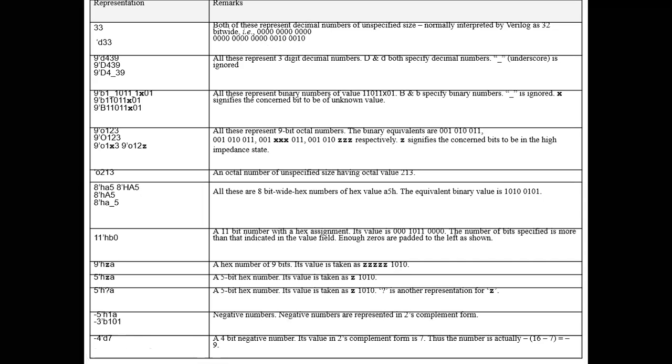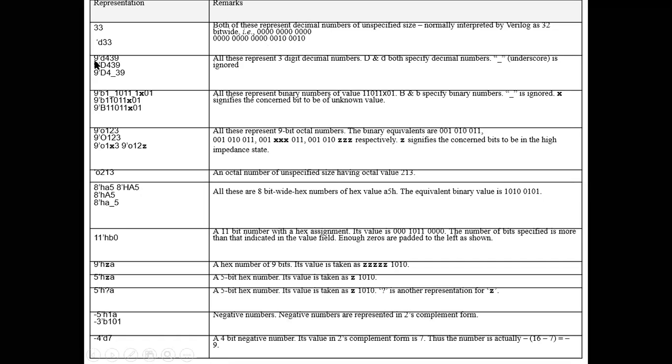So you can see that unnecessarily we are wasting so many bits there. Whatever the case may be, it will consider 32 bits. Now instead of that, we can write it like this.